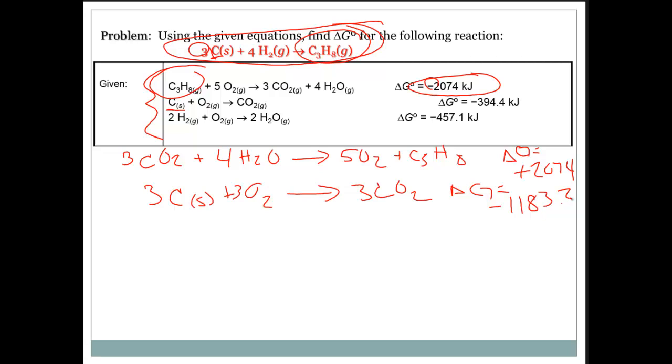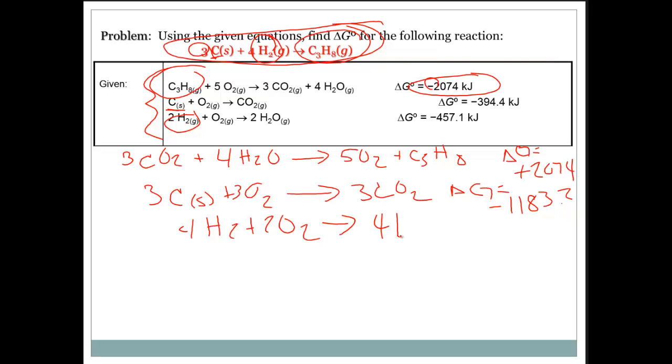We have H2 plus O2 yields H2O. Once again, I have H2 on the left, and I have H2 on the left up here, so we're okay. But you'll notice that the bottom one has 2 hydrogens, while the top one has 4. I want to make sure that's the same amount, so I'm going to multiply the bottom one by 2. So 4H2 plus 2O2 yields 4H2O.